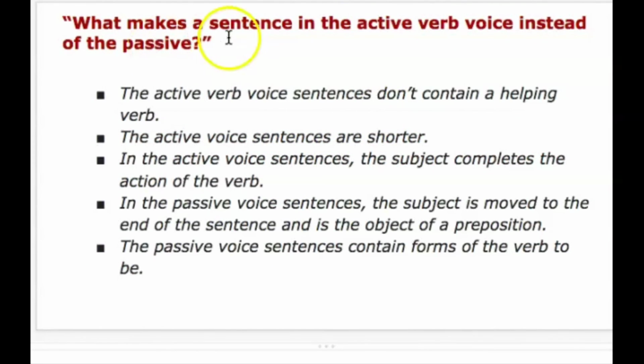So let's think about what makes a sentence an active verb. Active voice sentences don't contain a helping verb, and active voice sentences are shorter. In active voice sentences, the subject completes the action verb. In passive voice sentences, the subject is moved to the end of the sentence and is the object of a preposition.